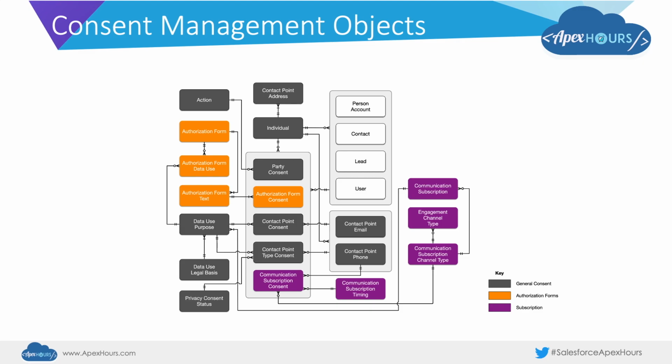The objects in purple are for storing and managing data related to communication subscriptions, such as newsletters or announcements. Different communication subscription objects store different data, such as how the customer consented to the communication subscription and preferred contact timing. And the objects in gray are used to store general consent data, including the legal basis for contacting someone, the channel used to contact them, and the information related to an individual's consent.